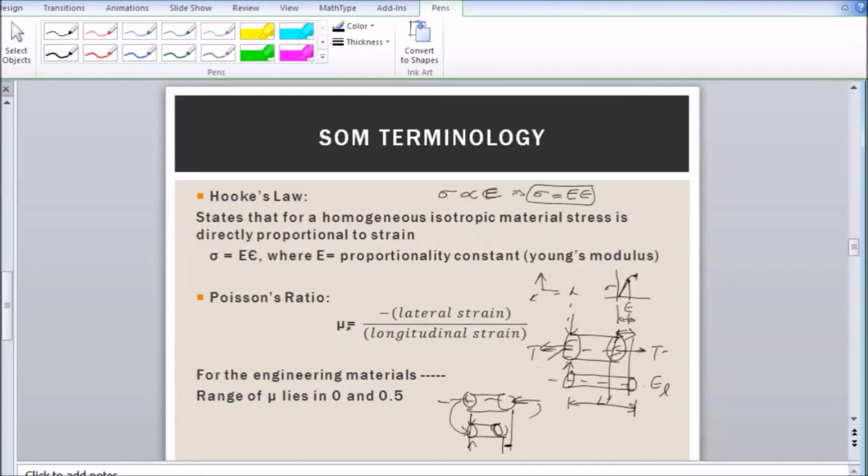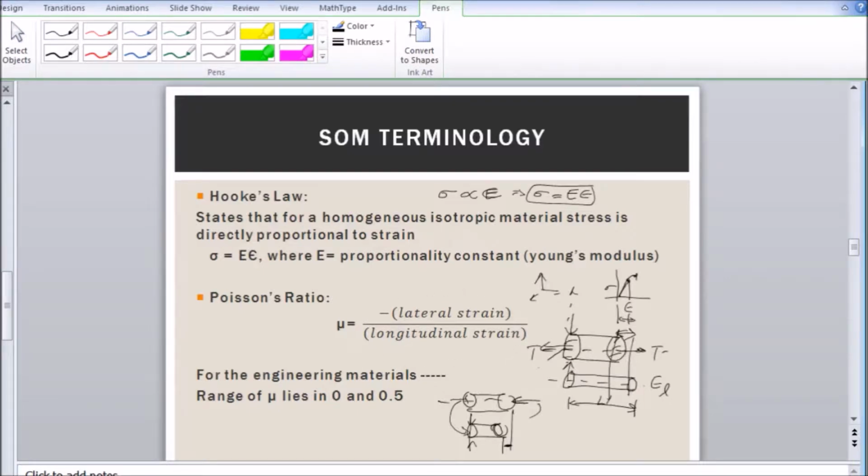That's why, since mu is the Poisson ratio, and generally for engineering materials we consider it to be positive, to compensate for the negativity in the lateral strain we multiply by a minus, so that the overall value becomes positive.